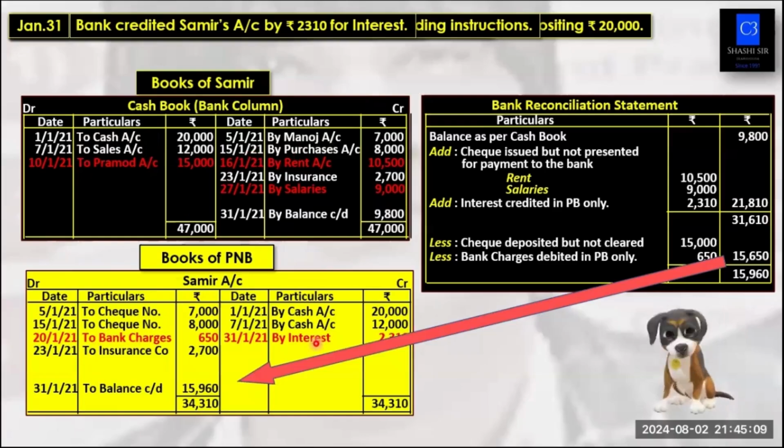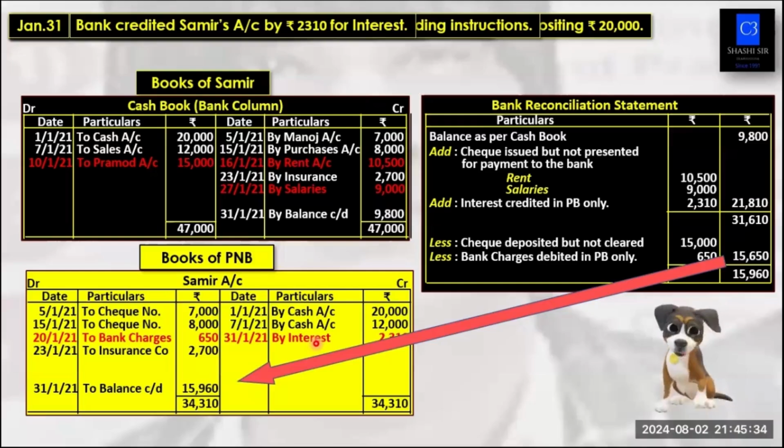The transactions which are appearing in both the books will have no impact in the bank reconciliation statement because the difference in the balances is arising due to the absence of a transaction at one place.